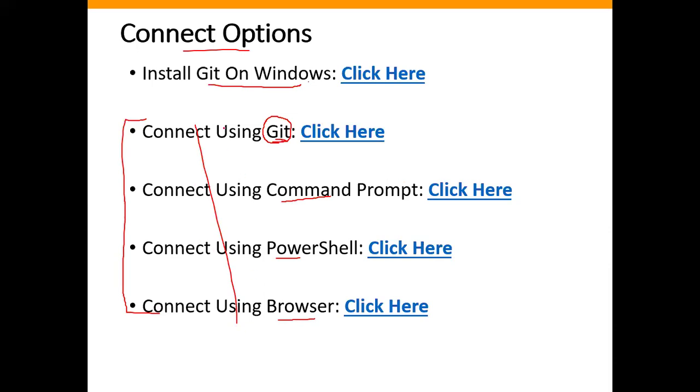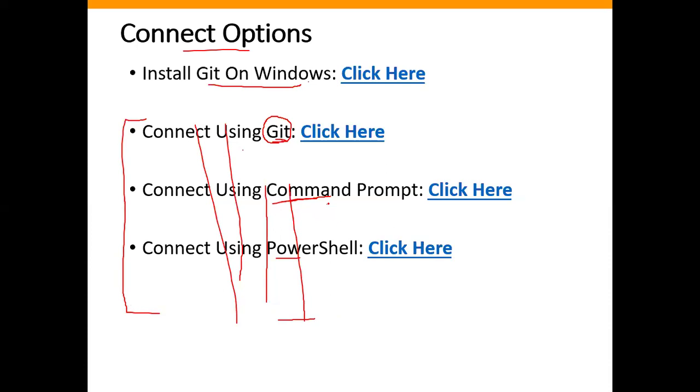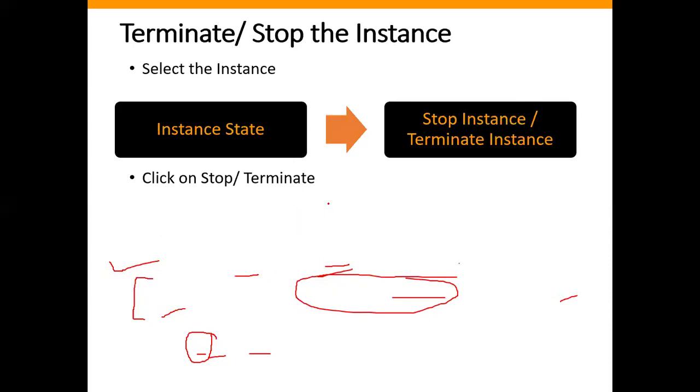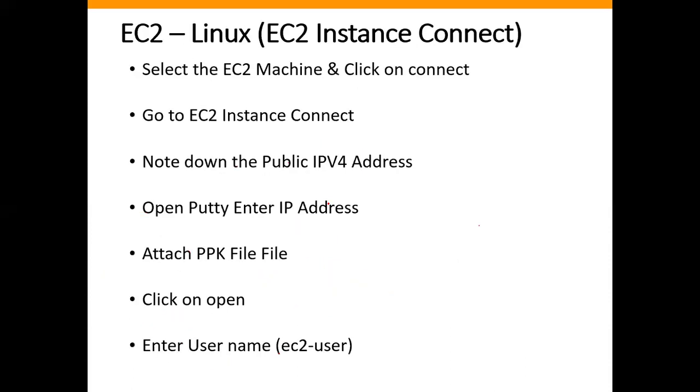These are just for your self-learning. Command prompt, PowerShell and browser we do not use much in real time in our organization, but still, for knowledge purposes, I have given the details of how you can connect. So this is how you can connect to your Linux EC2 machine.